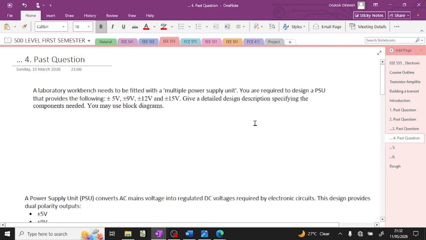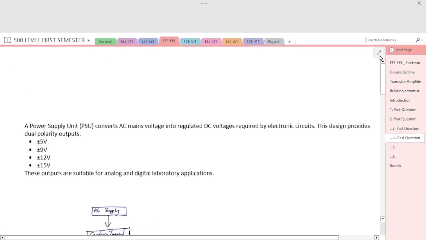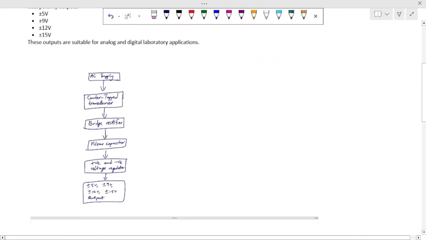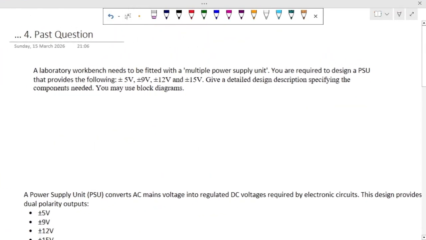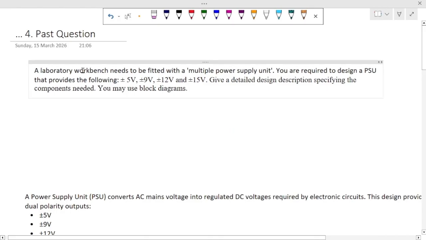All right, so in the next question we are asked to design a power system, okay, power supply unit. So a laboratory workbench needs to, let's expand this. So first of all, let's understand the question, okay? A laboratory workbench needs to be fitted with a multiple power supply unit.